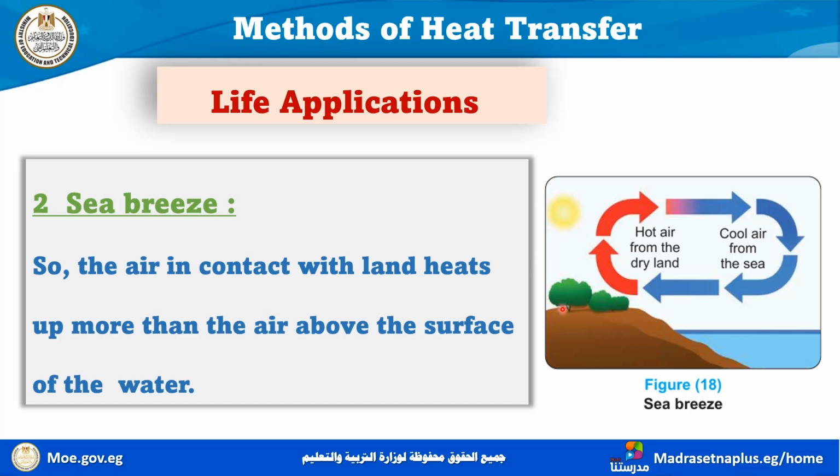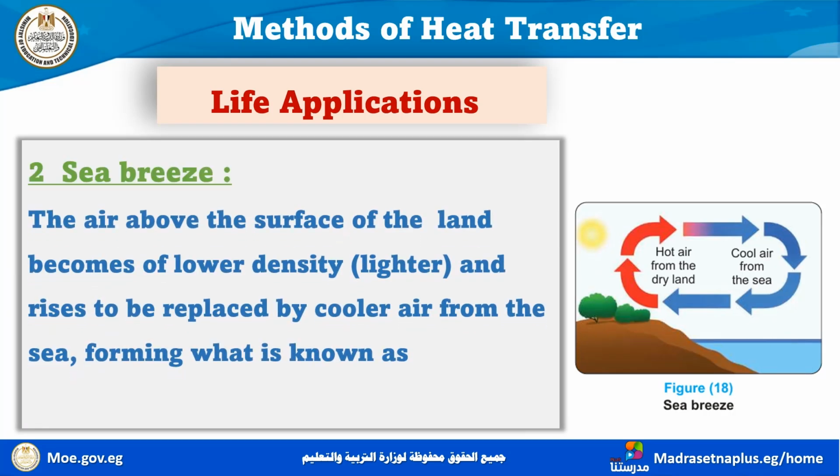So above the land we have hot air. Above the water we have cold air. The air above the surface of the land becomes lower in density and lighter, so it rises up and is replaced by the cold air coming from the sea. So this is called the sea breeze.